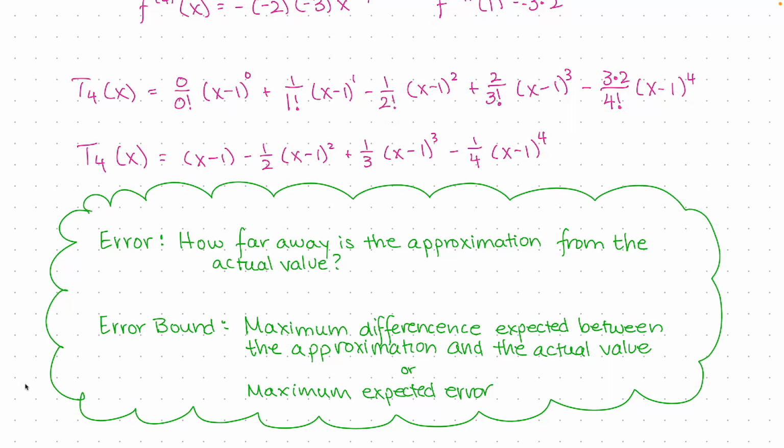But we're doing these approximations often because we don't want to find the actual answer. If we knew what the actual answer is, why do we need to do an approximation? But how bad is our approximation? So the error bound helps you find that without actually knowing what the actual answer is. Let's do one more problem where we're going to investigate error versus error bound. Any questions just on the definition?